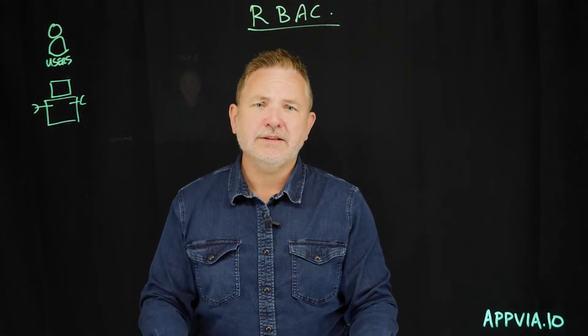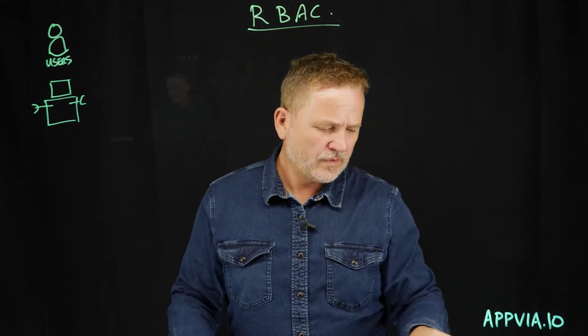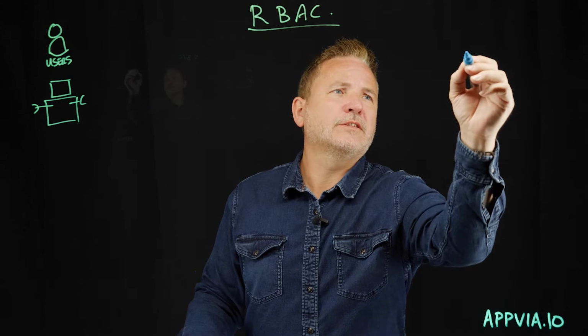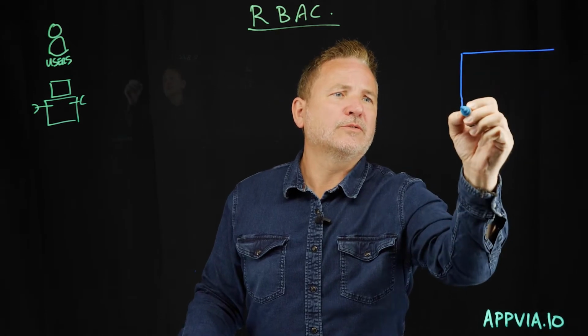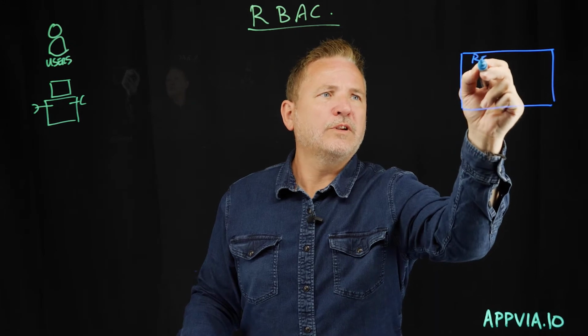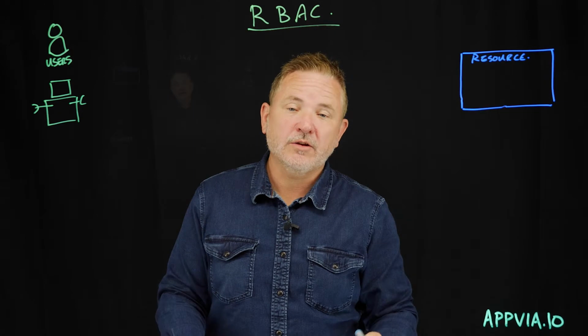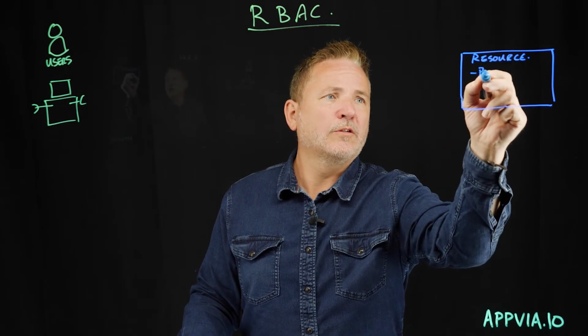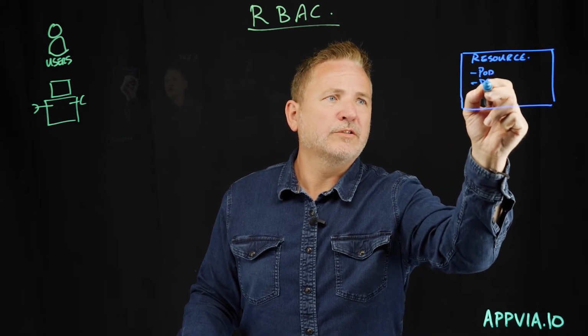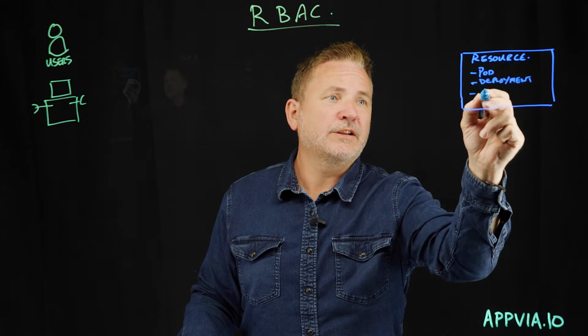So in Kubernetes, everything is known as a resource. So we have resources in Kubernetes. So let's look at a resource. A resource is everything in Kubernetes. So it could be a pod, it could be a deployment, it could be a secret.